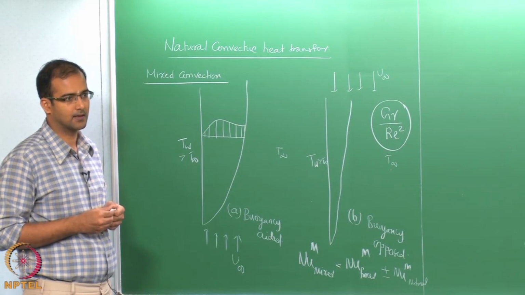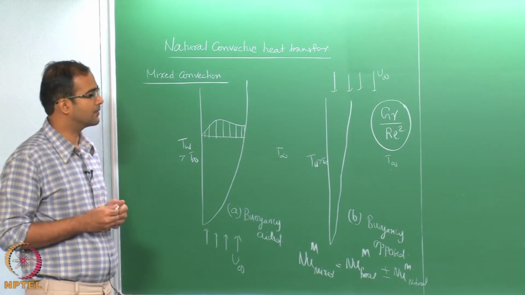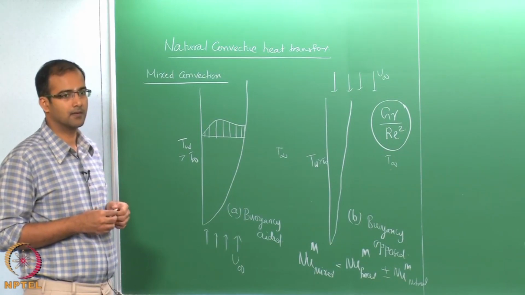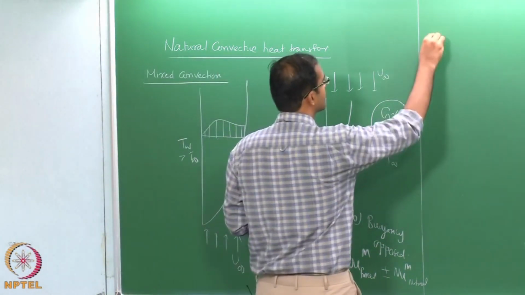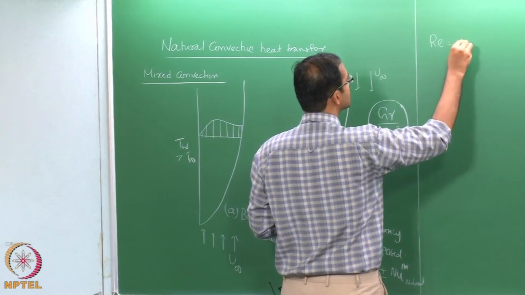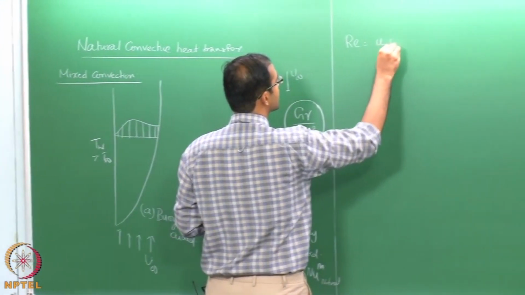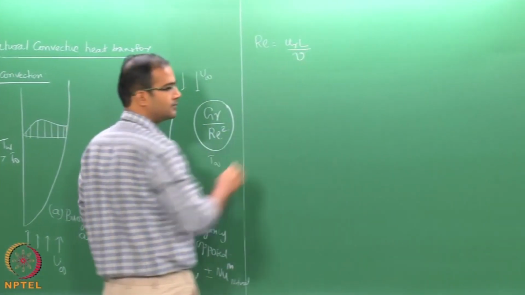the forced convection. So, the Reynolds number that we defined, you should remember when we non-dimensionalized the governing equations, was such that we used Re is equal to Ur into L by mu.